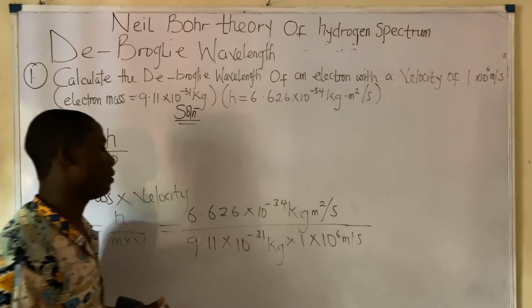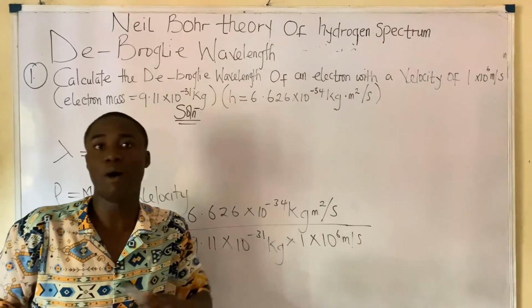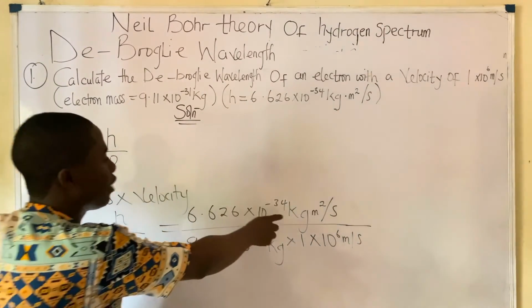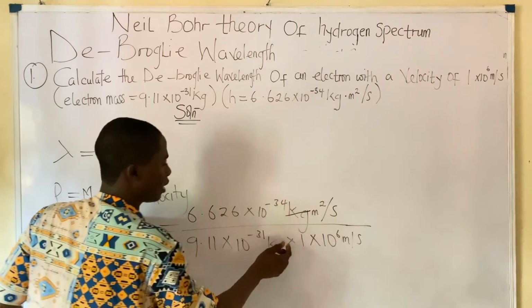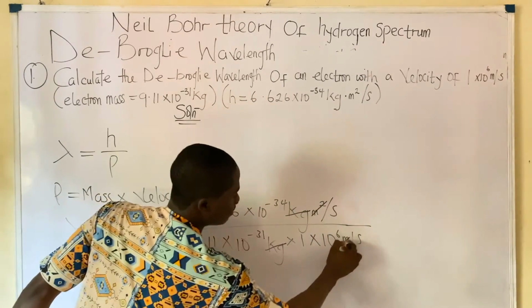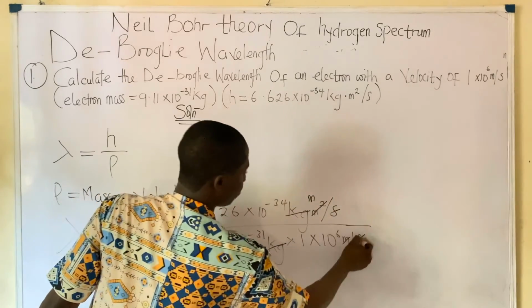Now remember, this wavelength should be expressed in meters or nanometer or centimeter as the case may be, but when we cancel our units, we'll see the unit of the answer. Kilogram cancels kilogram, and meter squared cancels one meter, remaining just 1 meter. Seconds cancel seconds.